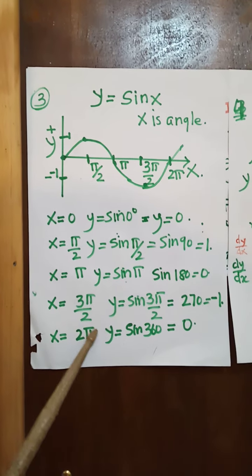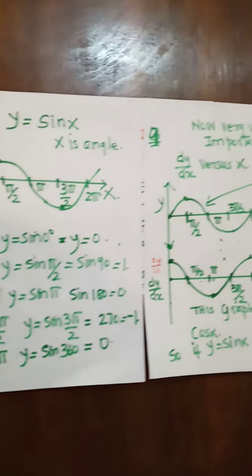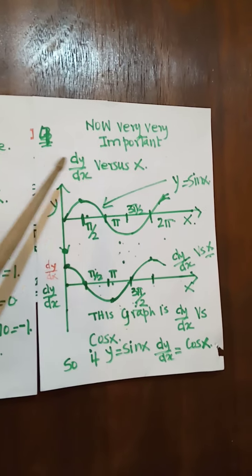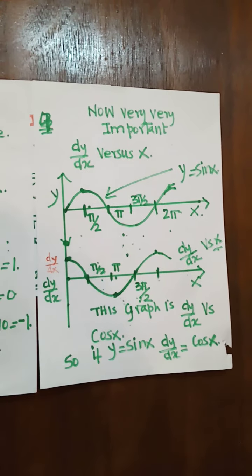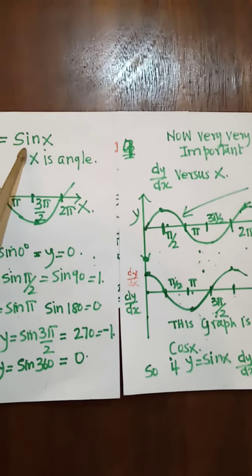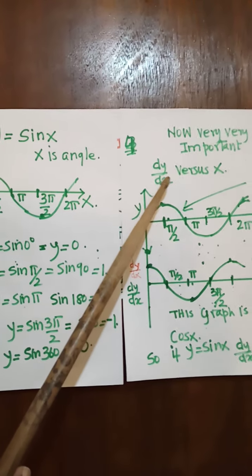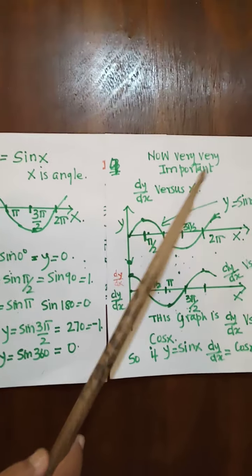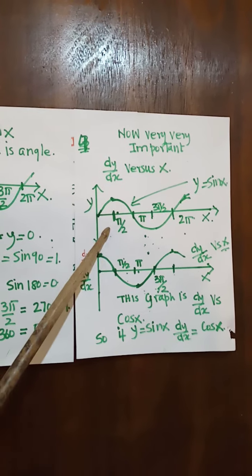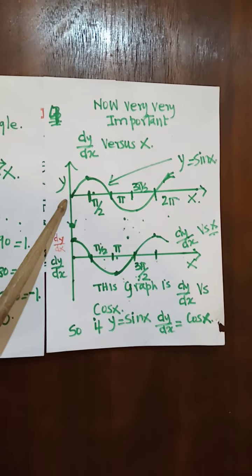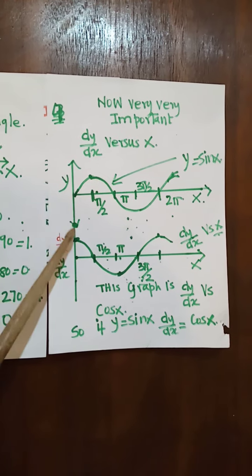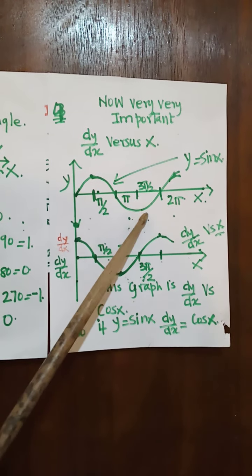You have seen all these things I have done for you. Now, very important, dy/dx of sine x. So dy/dx versus x. What do I get? I draw the x-axis and the y-axis. This one, I will not repeat it.